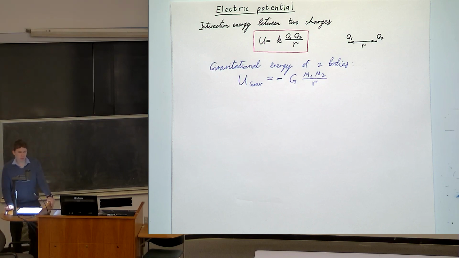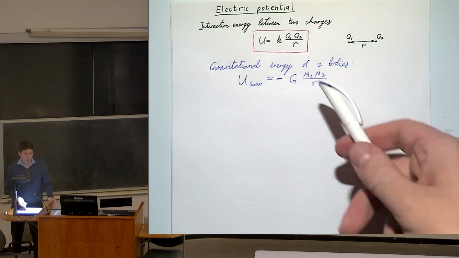Throughout this course so far, I kept saying that the forces of gravity and electric forces are quite similar to each other. You remember Coulomb's law is similar to the force of gravity, and because the forces are similar, so are the energies.